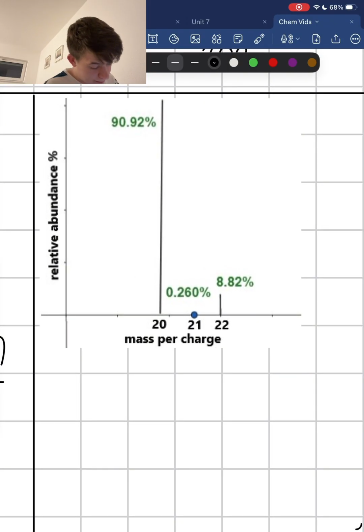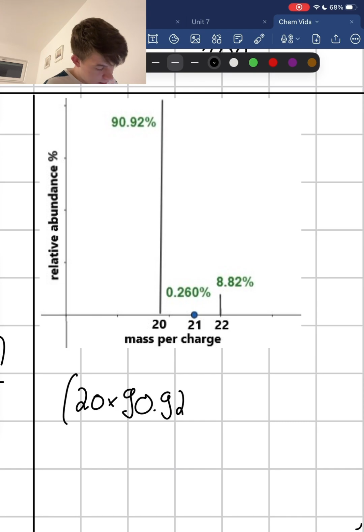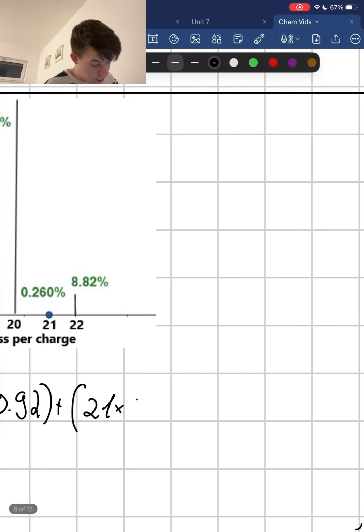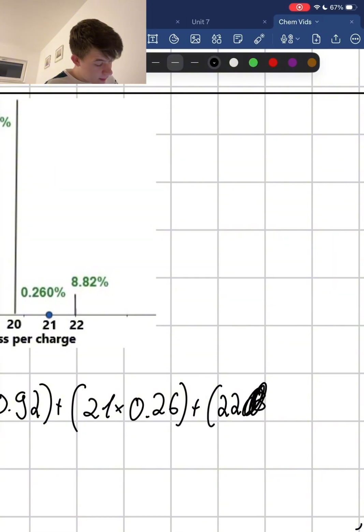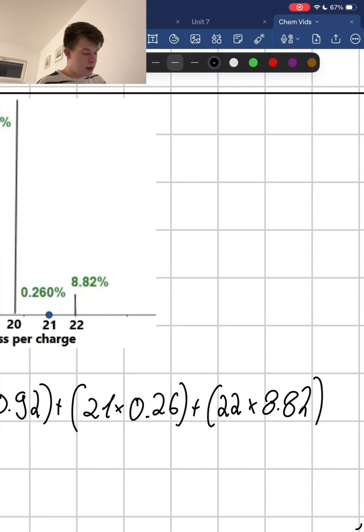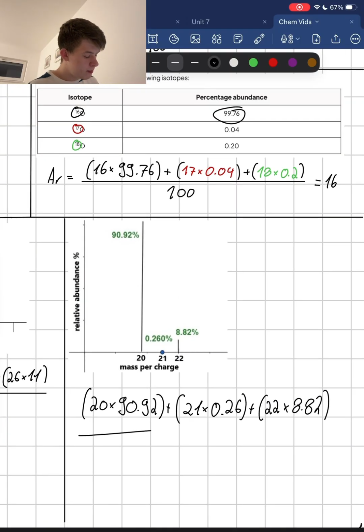So we do 20 times 90.92 plus 21 times 0.26 plus 22 times 8.82. Divide that by 100.